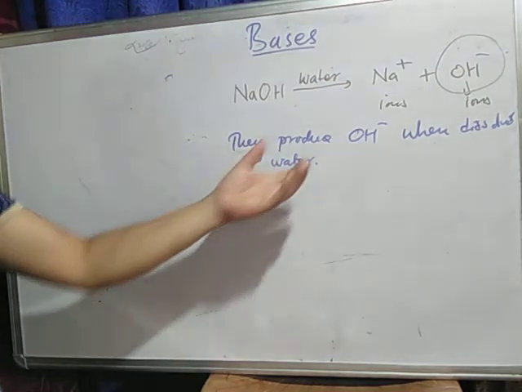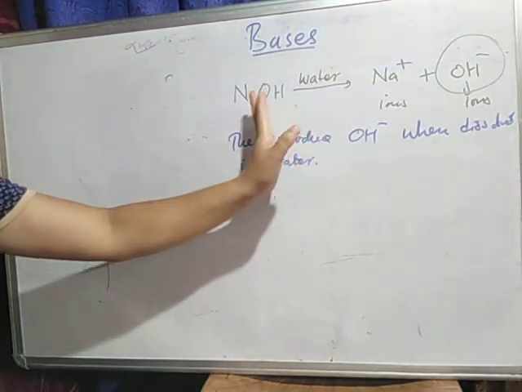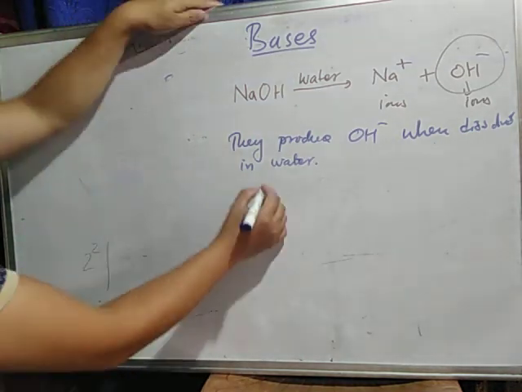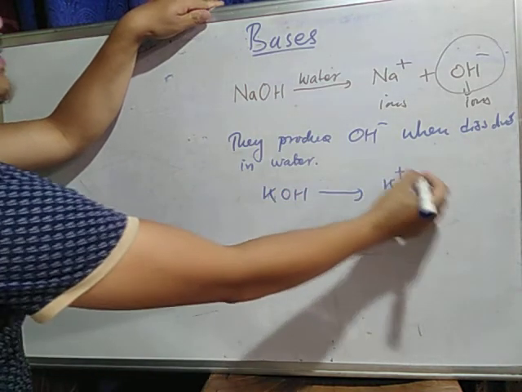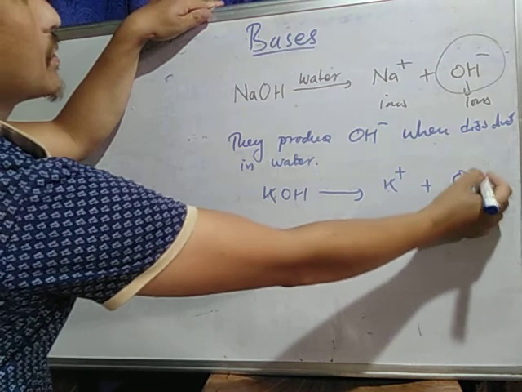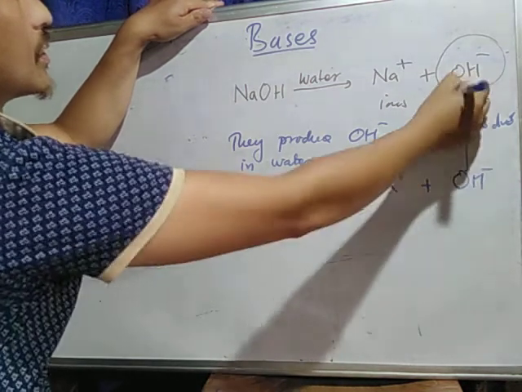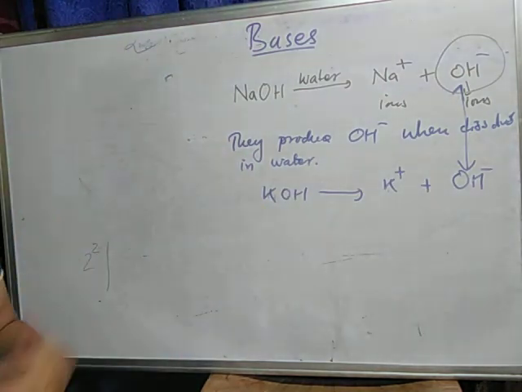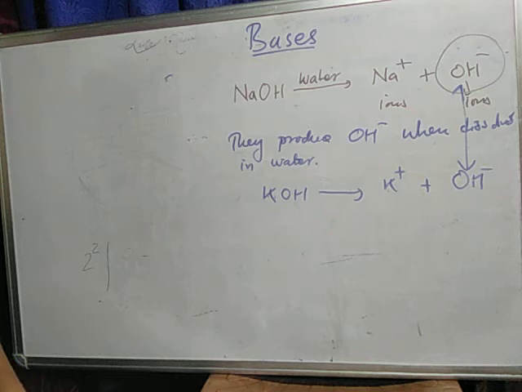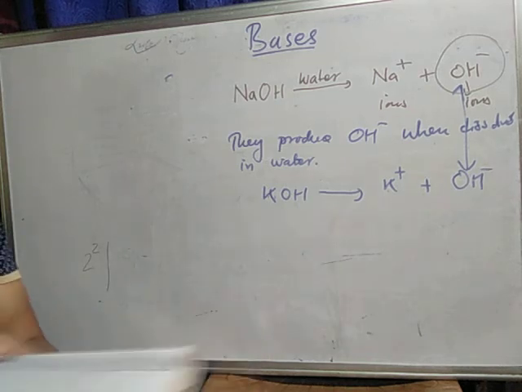This is the common thing present in all bases, like your potassium hydroxide, K plus OH minus. So that is the common thing present in a base, that is the hydroxide ion. Clear? Next we'll talk about properties of bases.